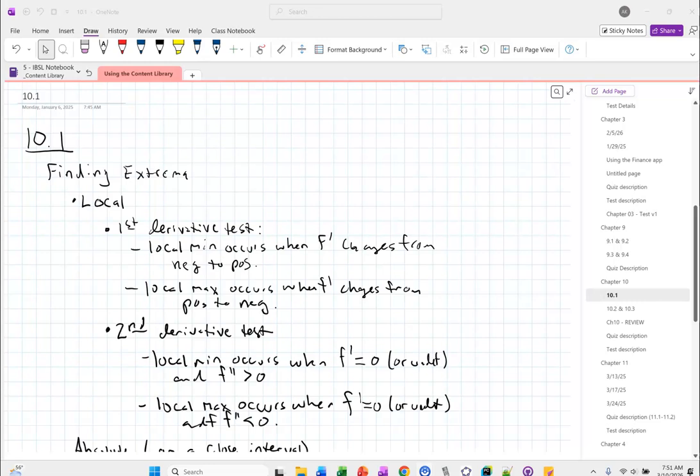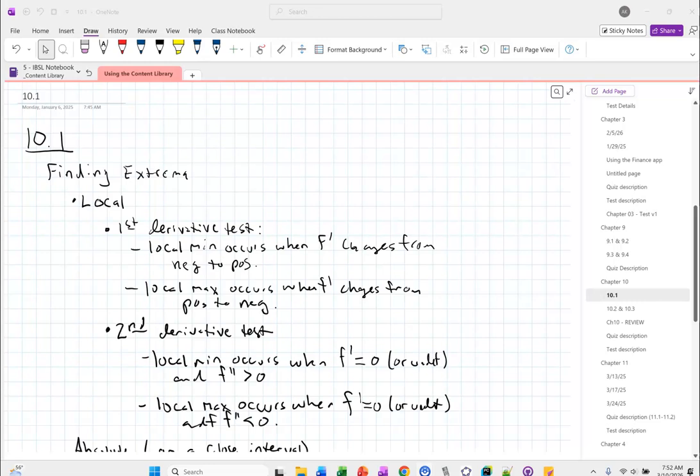So we can adjust our definition of a maximum as where the derivative changes from positive to negative. And the minimum then would be the reverse, right? That's going to be where the graph changes from decreasing to increasing, or where the derivative changes from negative to positive. Everybody okay with that idea?